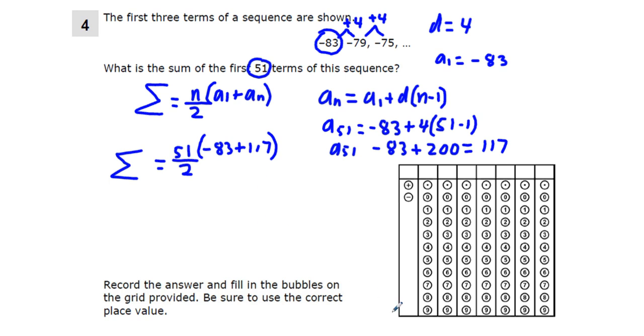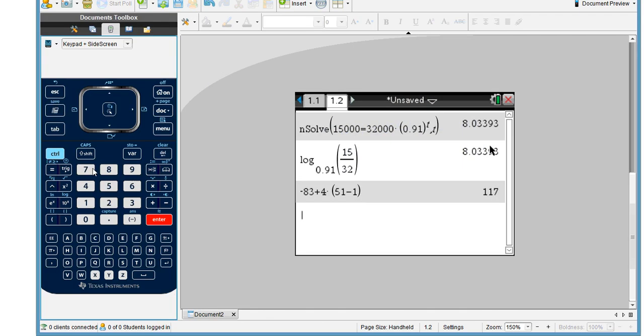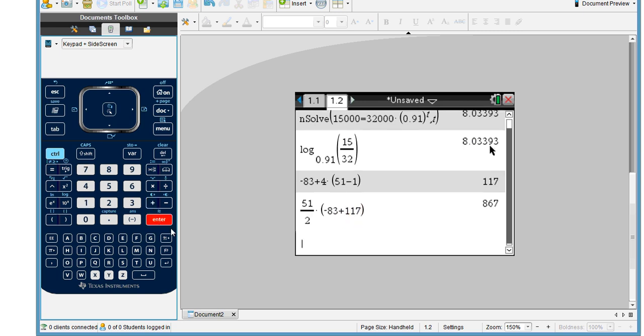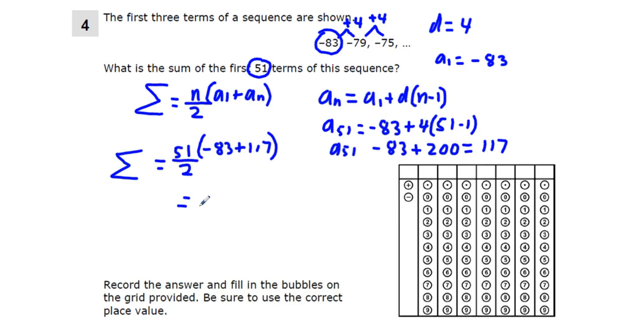So that's going to give us our answer. So we go to our calculator, we say 51 over 2 times negative 83 plus 117, and there we have it, 867. So 867 is our answer.